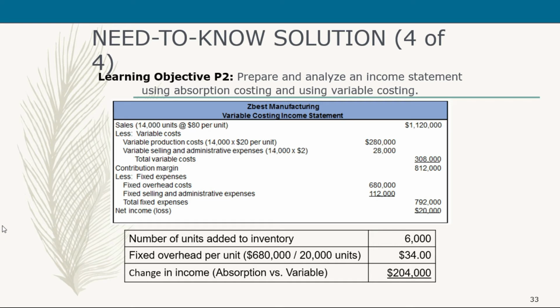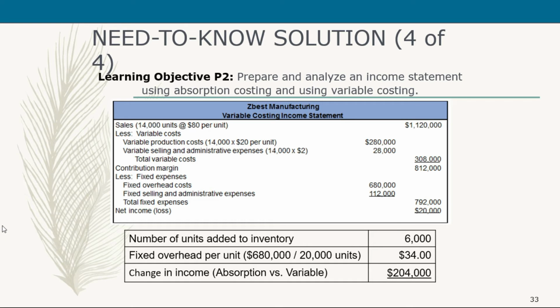And related information for us to get the difference of income is what? It's your fixed overhead cost per unit. In this case, we already have the figure of $34 per unit. And that amount will now be multiplied to your excess units of 6,000, giving us a value of 204,000 as the difference between the net income under absorption and variable costing.